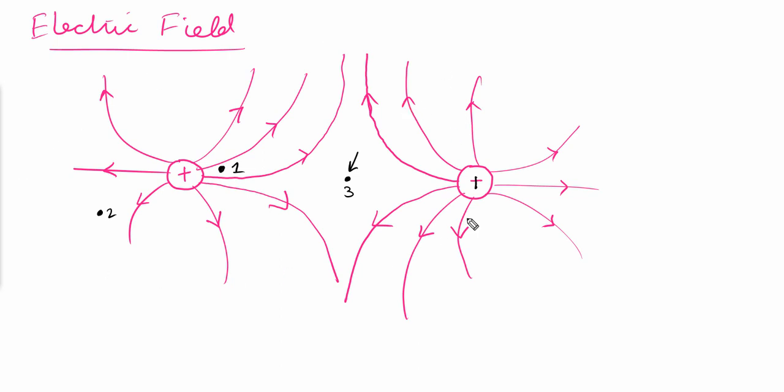Now this type of electric field is called a non-uniform electric field, because in some areas the electric field strength is more, and in some areas it is less. So now let me show you a figure in which our electric field will be uniform.